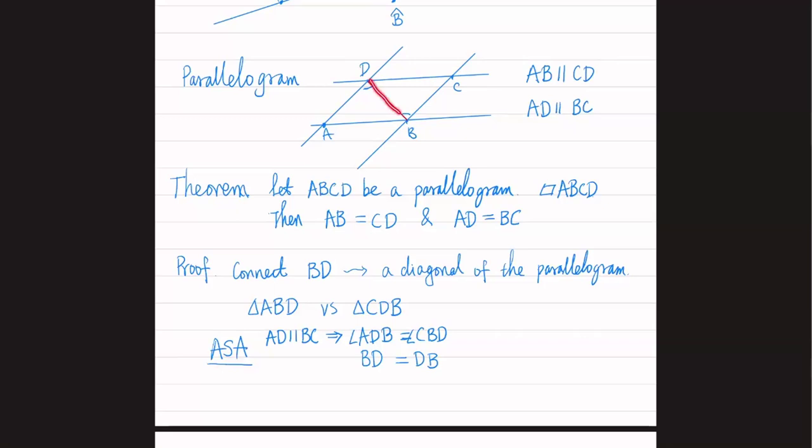We have a side BD and DB. We have one pair of angles. We need another pair of angles. We have to check this pair and this pair. Do they have the same measure? Why? Amy, what do you say?